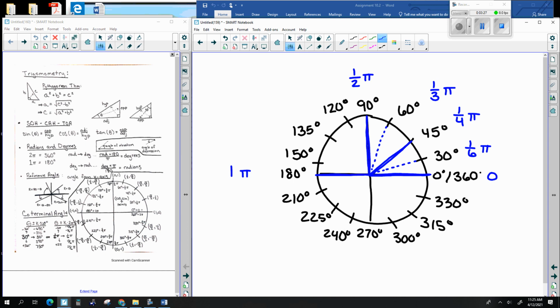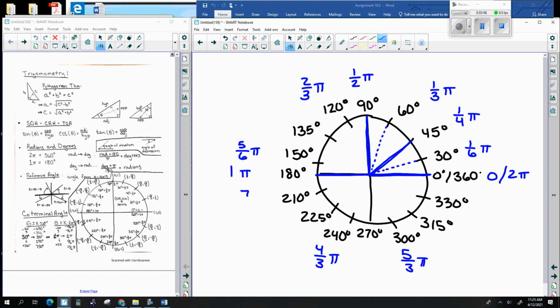So I count by thirds. 1/3, 2/3, 3/3 is 1, 4/3 is down here, 5/3, and 6/3 is 2. So a complete circle is 2 pi. And then this would be a little bit short of 1, so this is 5/6.